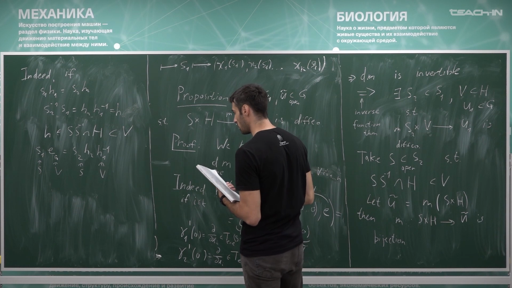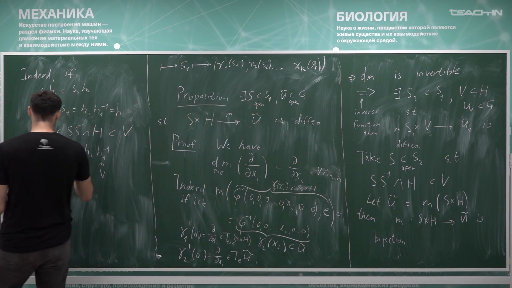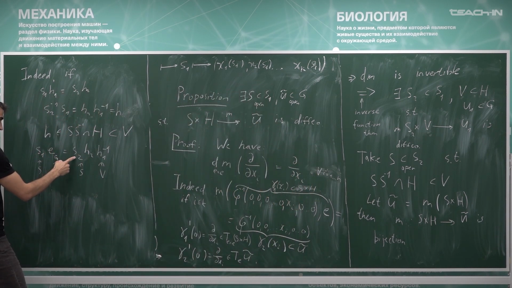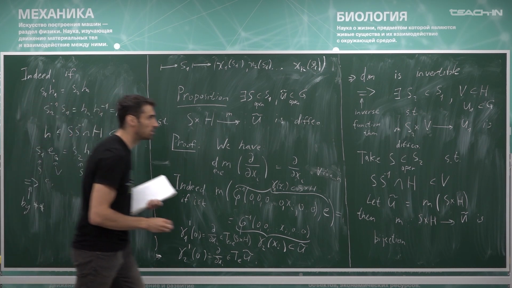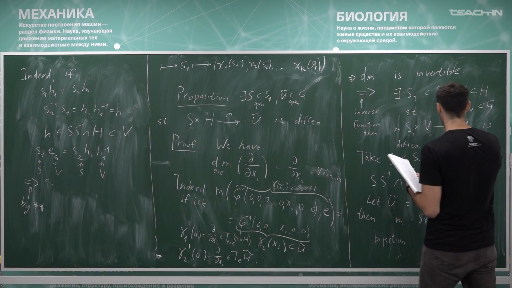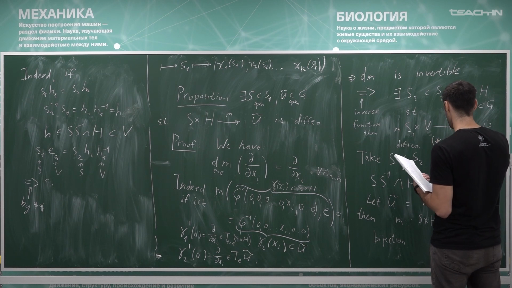Therefore, separately, S1 should coincide with S2 because it's a diffeomorphism on a direct product, and H2 H1 inverse should be the identity. So by double star, and double star is this fact here, that this is a diffeomorphism.